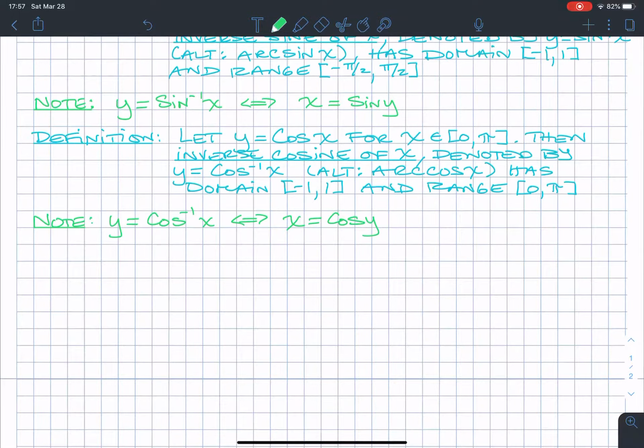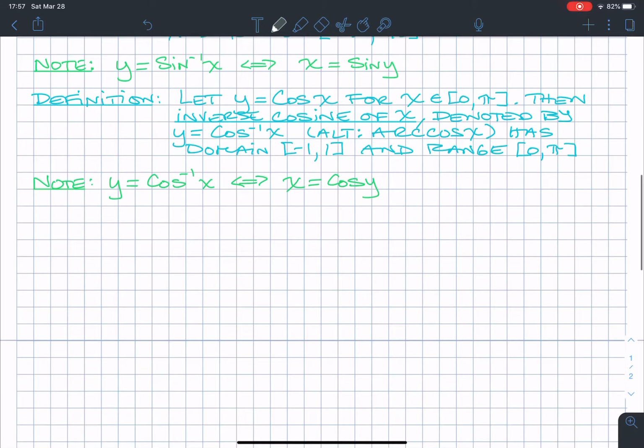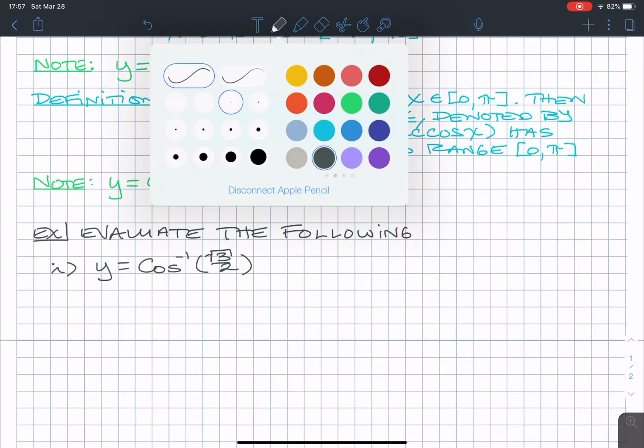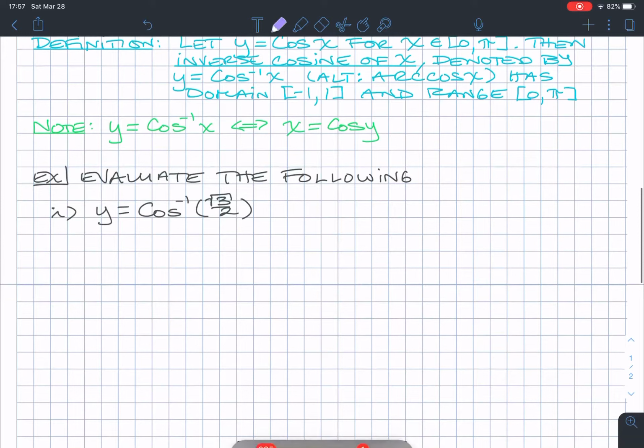Okay, so for example, evaluate the following. Number 1, let's evaluate y is equal to cosine inverse of the square root of 3 over 2. I'll use purple.